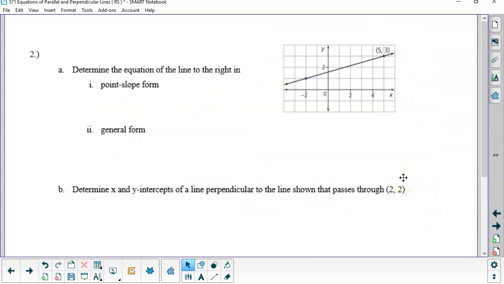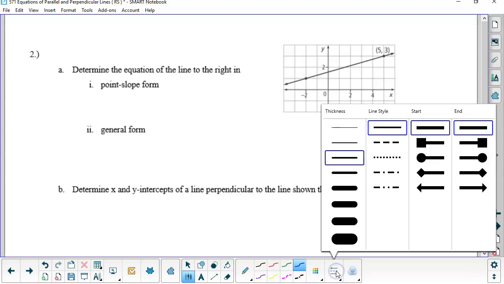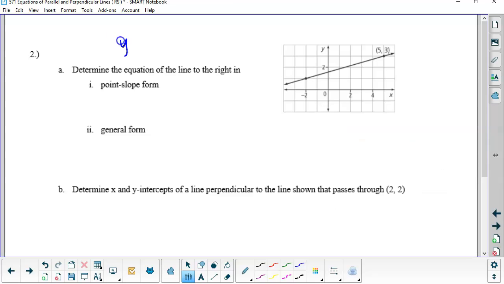Okay, question 2. So now it says determine the equation of the line to the right in point slope form. So remember what that is. So that's going to be y minus y1 equals slope times x minus x1.